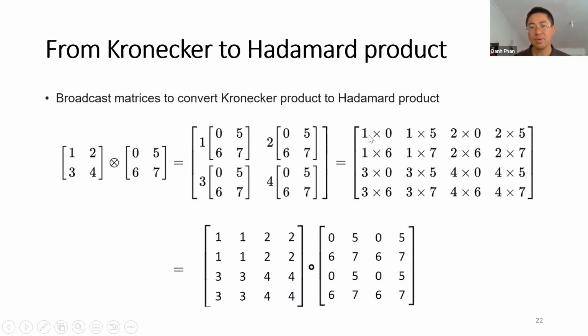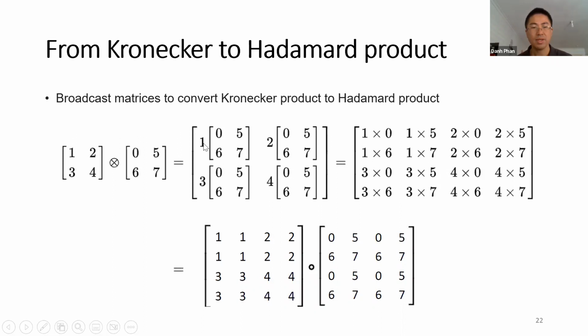And if you look, this is actually a Hadamard product of this matrix multiplied with this matrix. If we see it clearly, it's actually a broadcast of the one here to the same size as this matrix.